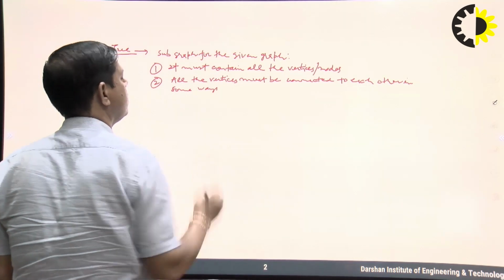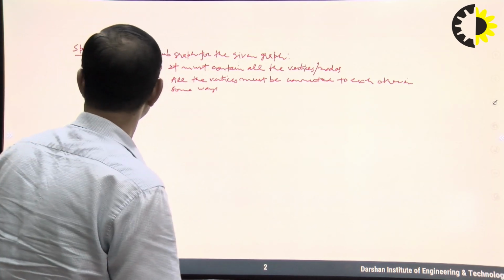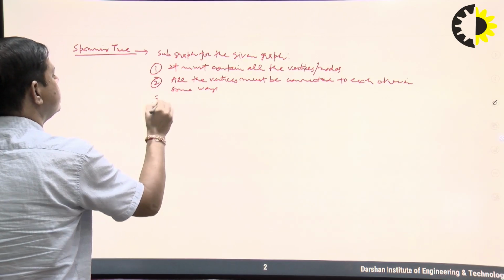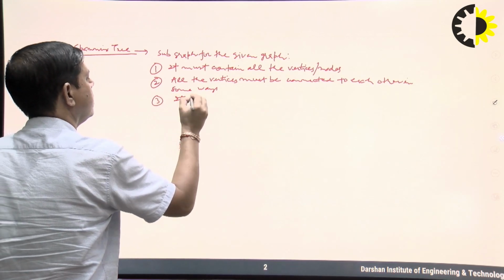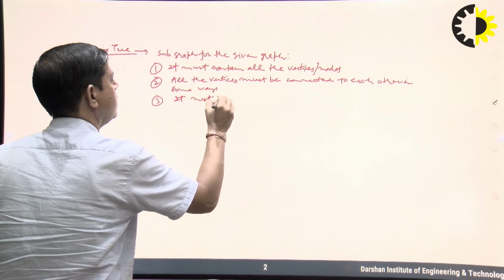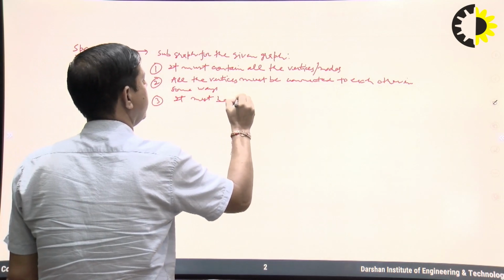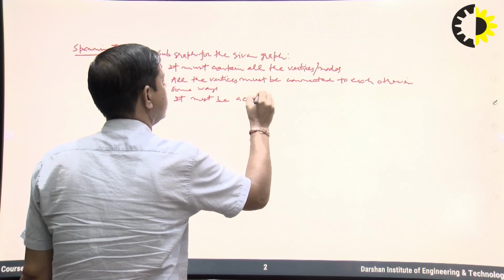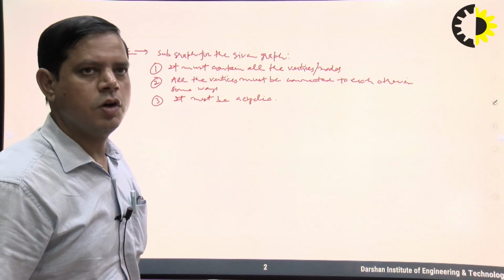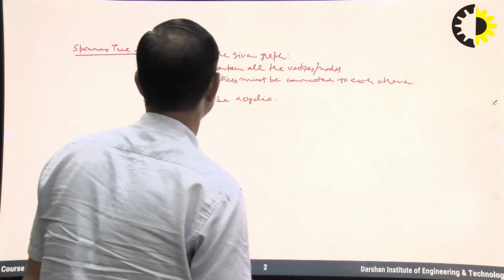And the third condition: it must be acyclic. What is the meaning of that? It should not contain any cycle.